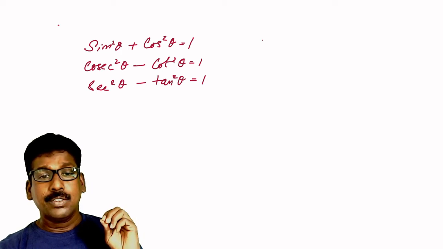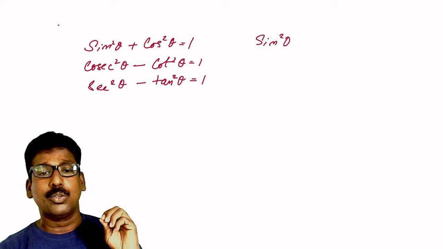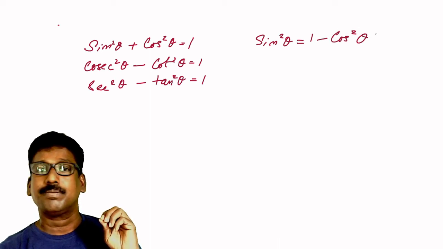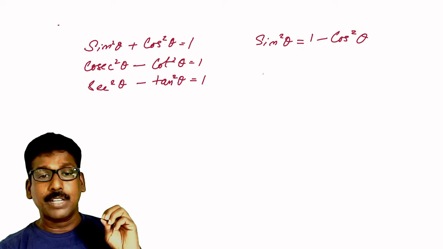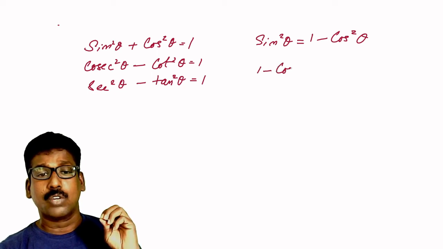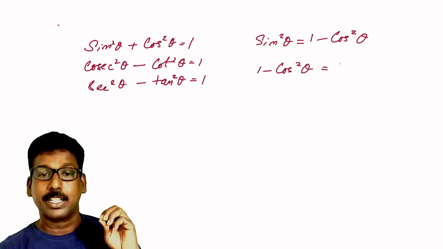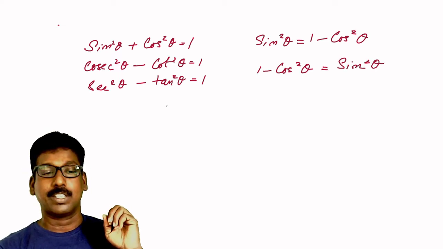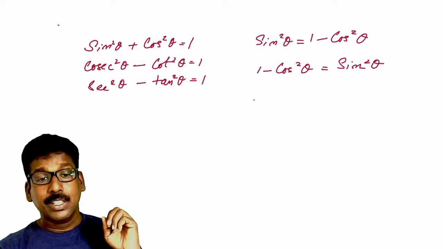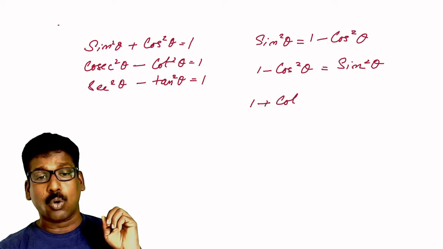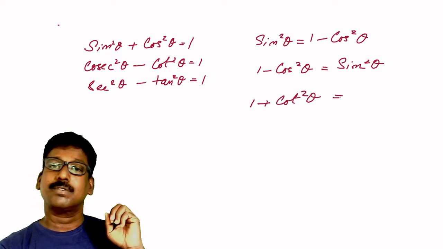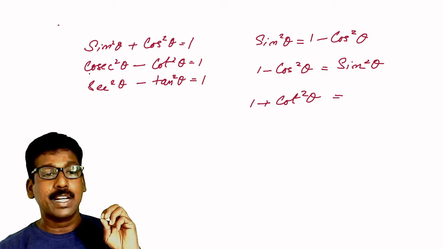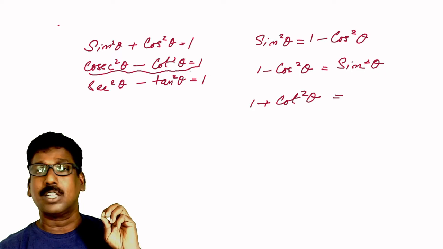And here sin square theta you can write as 1 minus cos square theta. Wherever you see 1 minus cos square theta, you can write sin square theta instead. Similarly, 1 plus cot square theta: look at the second identity, cosec square theta minus cot square theta is equal to 1.